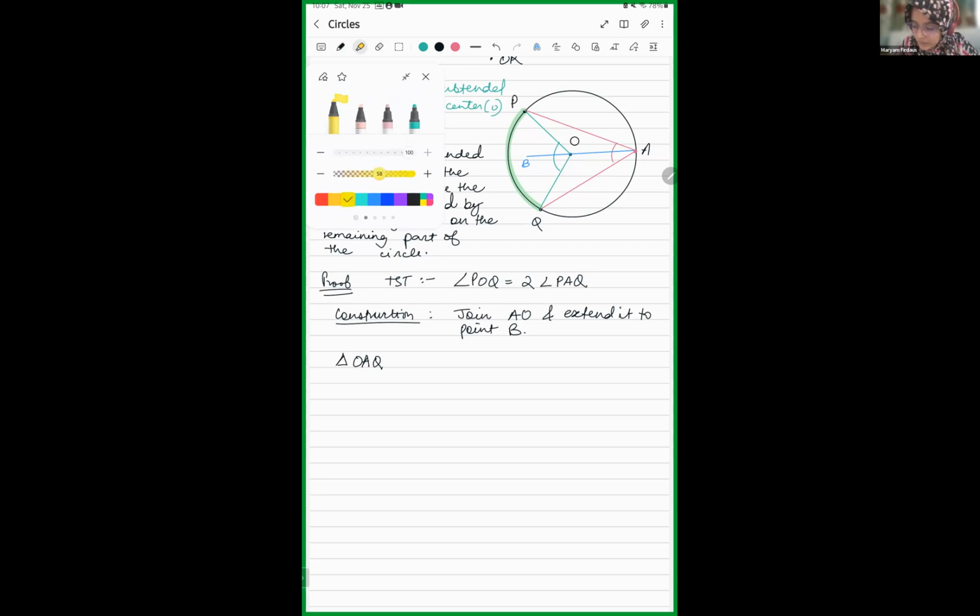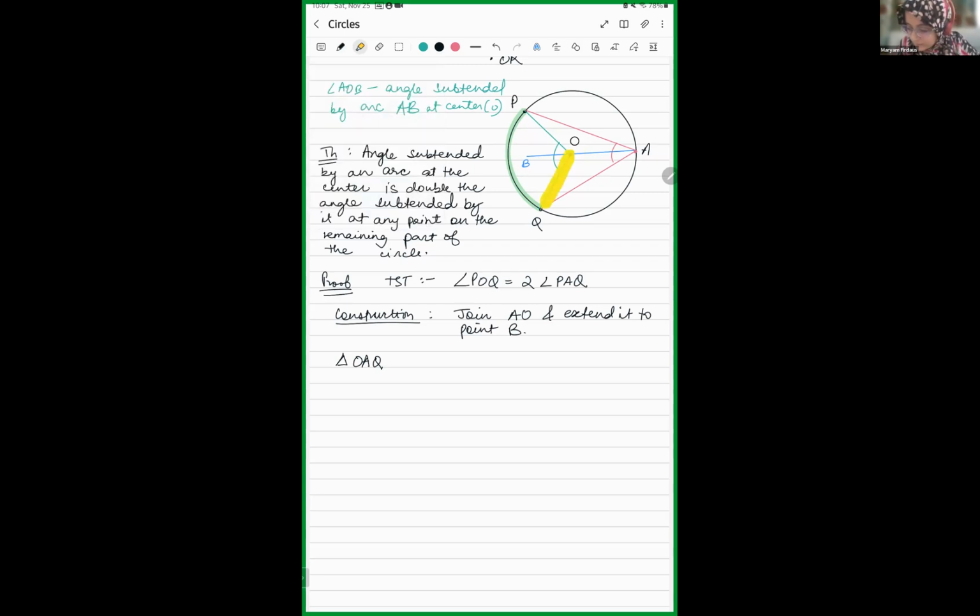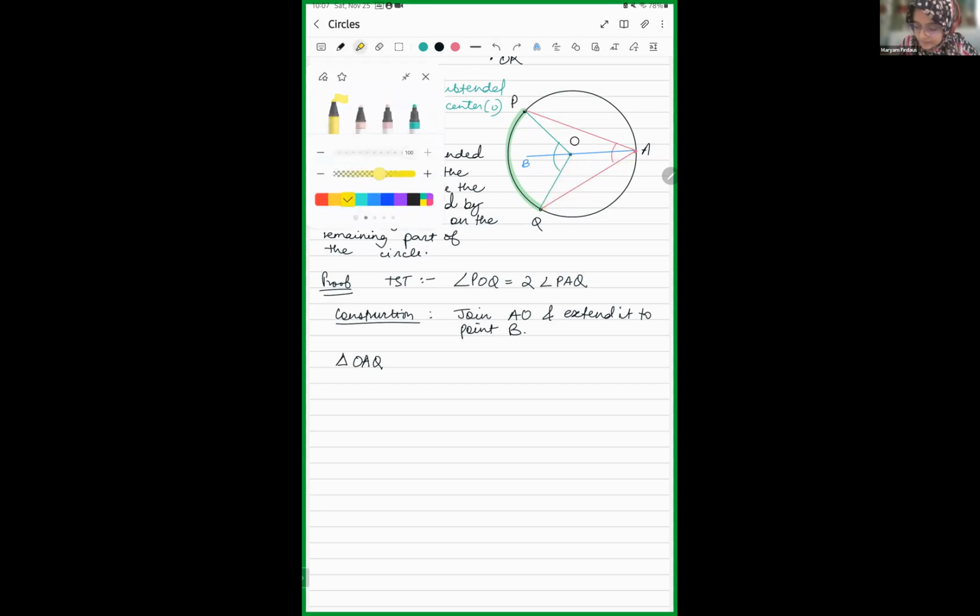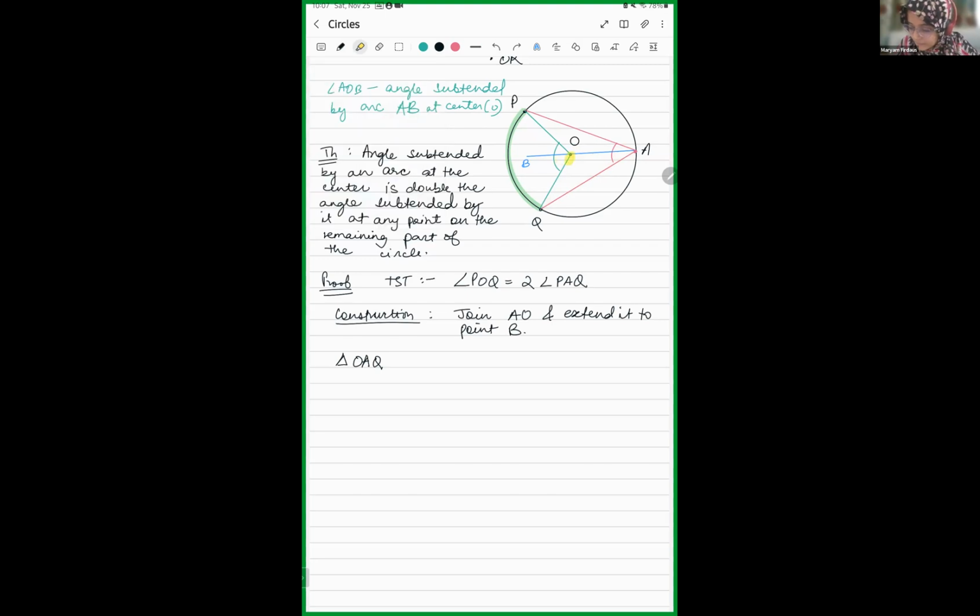I am talking about this triangle, the yellow triangle. In triangle OAQ, we know the exterior angle property, right? What does it say? Can someone please tell me?